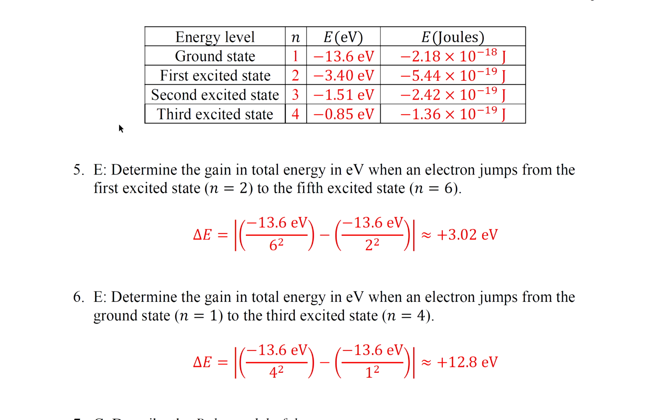Question 5. Determine the gain in total energy in electron volts when an electron jumps from the first excited state to the 5th excited state. So it looks like here we did minus 13.6 eV divided by 6 squared minus minus 13.6 eV divided by 2 squared.